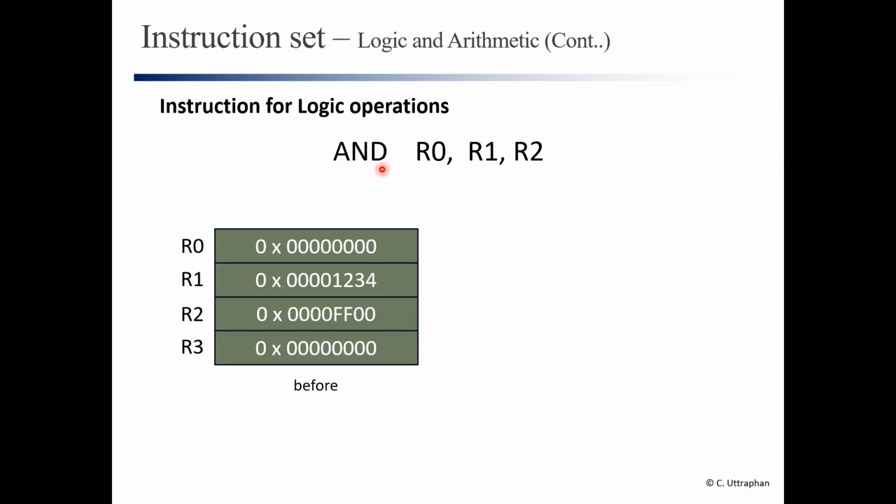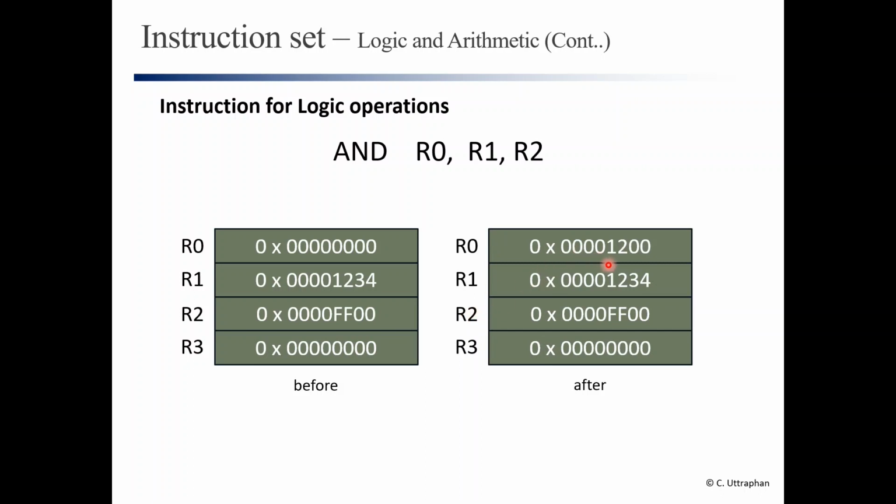This example illustrates the AND instruction. Given the instruction AND R0, R1, R2, the content of R1 is ANDed with the content of R2, and the result is saved in R0. Let's say R0, R1, and R2 initially contain 0, hex 1234, and hex FF00, respectively.